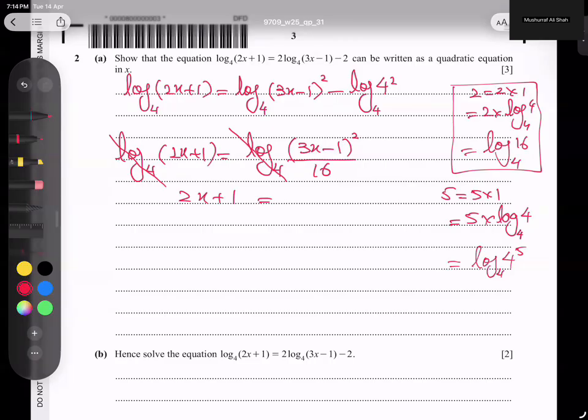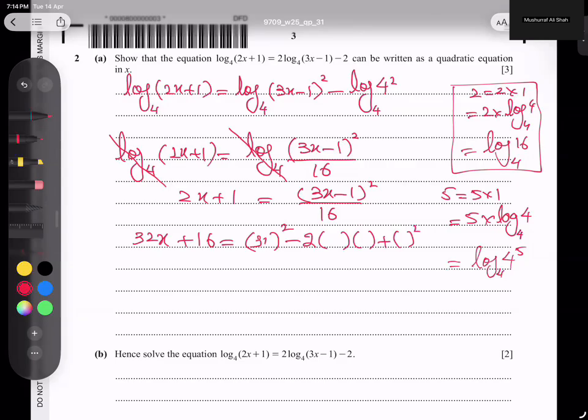Now the thing is, can we leave it here because it did not mention, but the best idea is to simplify maximum. How can we simplify? 16 multiplied there, 16 times 2x plus 1, and 3x minus 1 whole square expands with the squaring identity: first term square, 2 into first term, second term, and plus second term square.